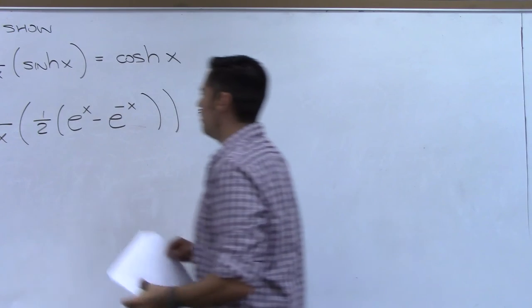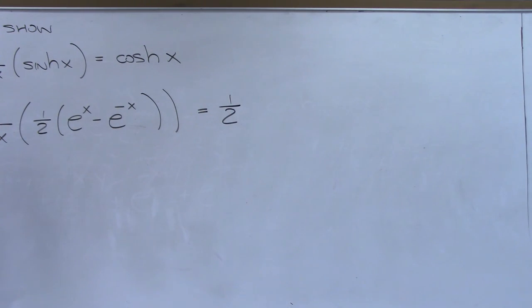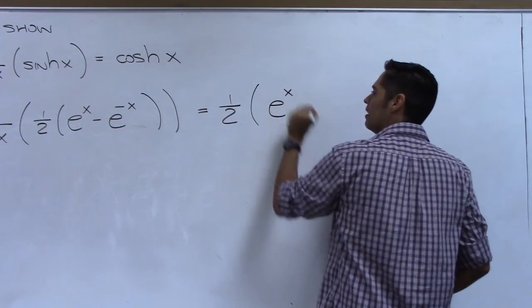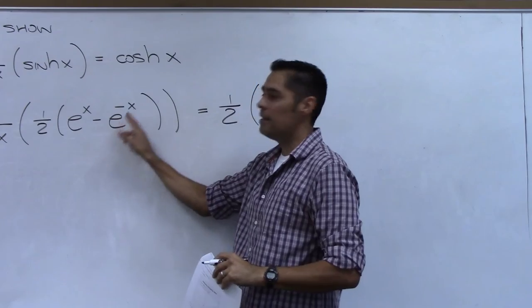And then now I'm going to take the derivative of what's in here. Derivative of e to the x is e to the x. I'm going to have now minus the derivative of e to the negative x.